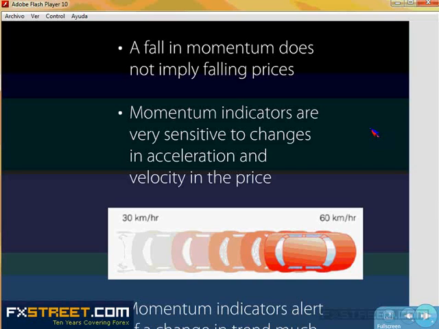You receive an earlier alert of a change in speed before you realize a sustained change in the price level. And acceleration, in turn, is more sensitive than speed. The car has to accelerate first before it changes the speed.